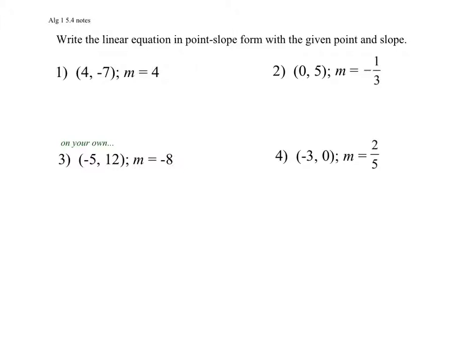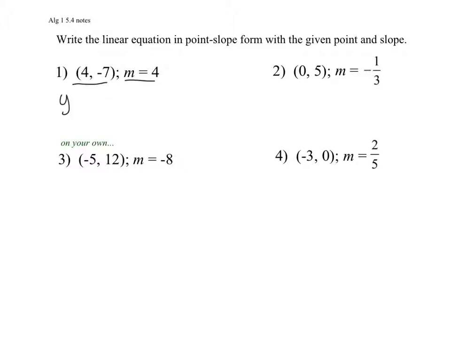Now we're going to write the linear equation in point-slope form with the given point and the given slope. So basically, if we've been given this information, we can use the point and the slope to determine the equation of the line. So here we go.